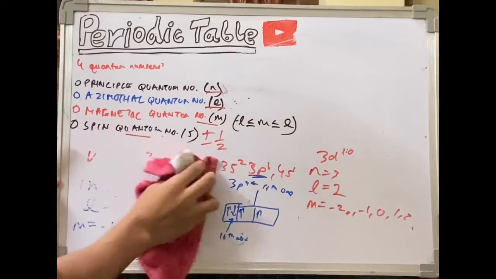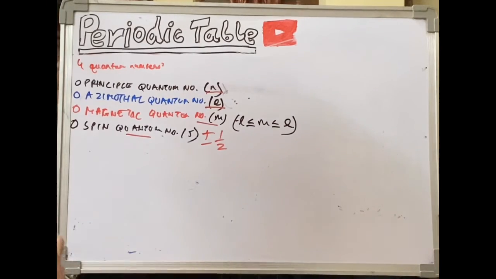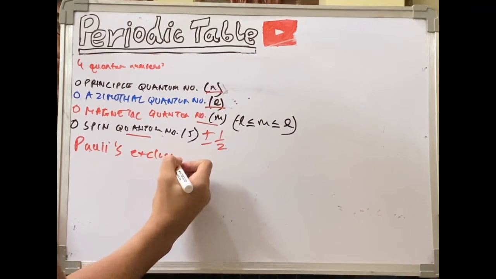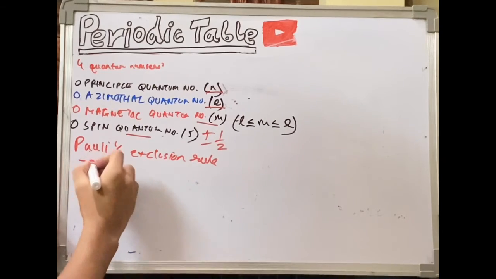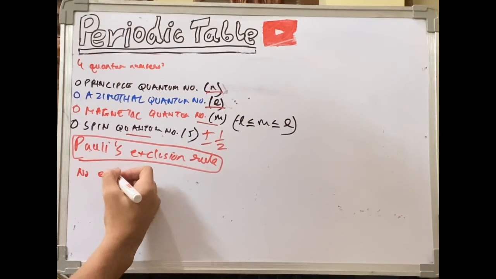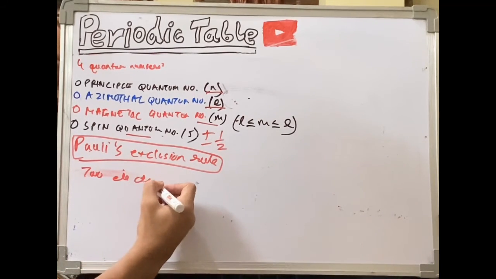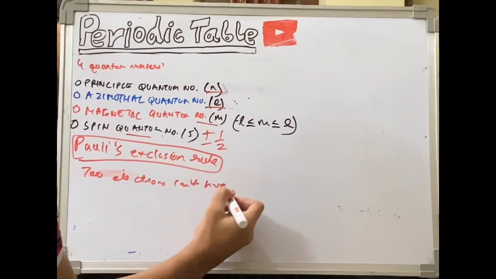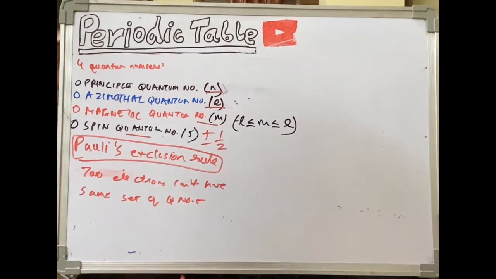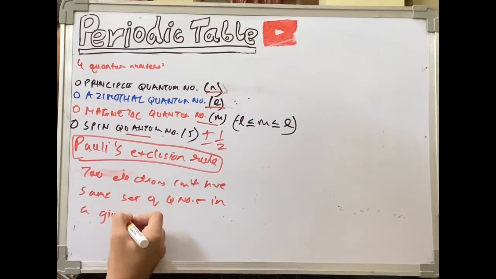Now this makes it very easy to understand Pauli's exclusion rule. Pauli's exclusion rule says that two electrons can't have the same set of quantum numbers in a given atom.